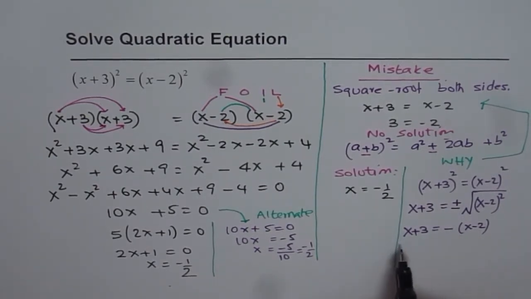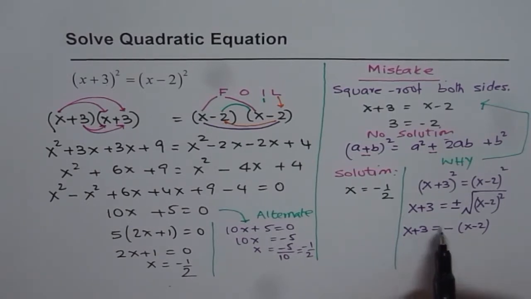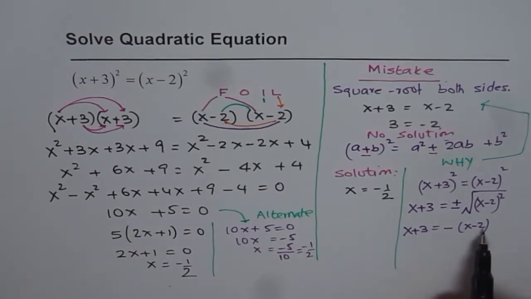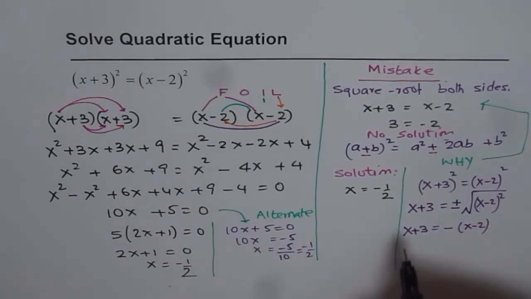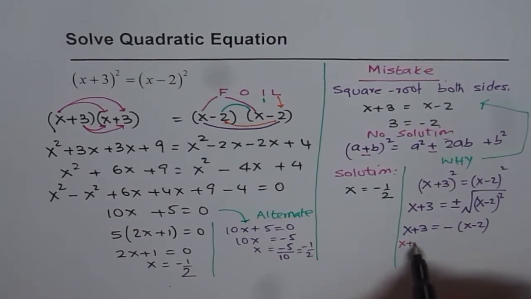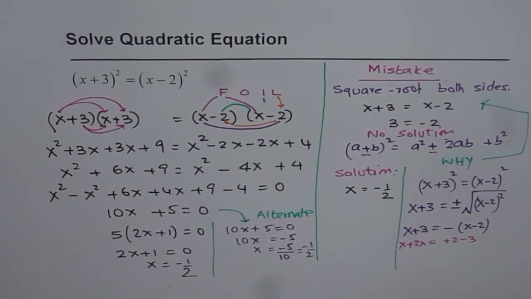Now if you bring the terms together and 3 on the other side, do you get the idea now? So you get the same answer. So if you bring this x here, we get x plus x. Do you see? 2x. And this is minus and minus, it is plus 2, and bringing 3 there becomes minus 3, right?